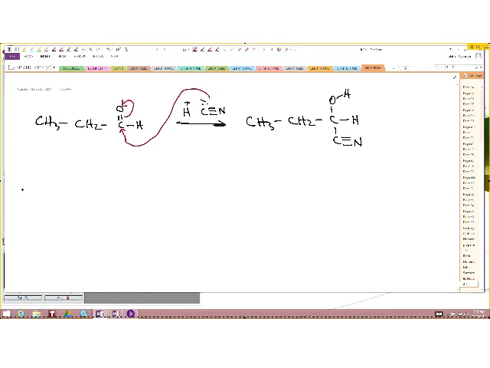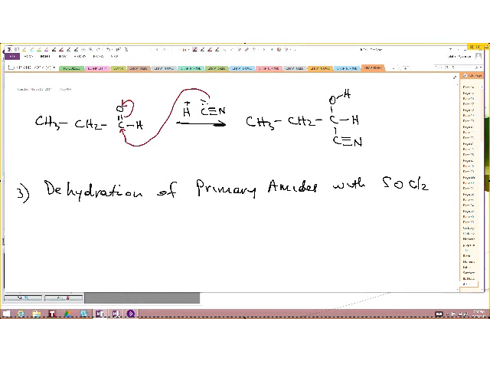The third method for making nitrile is a dehydration. This is a new reaction for you, so you have not seen this before. Dehydration of primary amide with thionyl chloride.